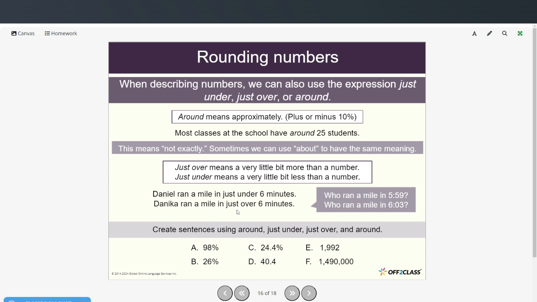Danica ran a mile in just over 6 minutes, so she would have run the mile in 6 minutes and 3 seconds. So now create some sentences using around, just under, just over, using these numbers, and you can apply it to anything that you want. So just write some sentences for practice.